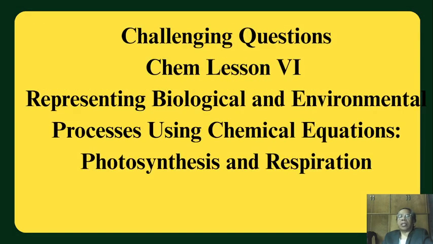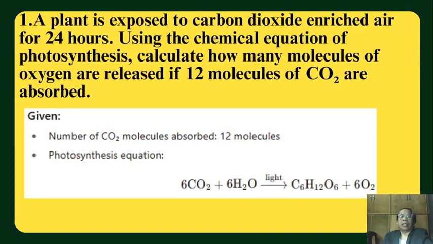Challenging questions for our chemistry lesson Roman numeral number 6, representing biological and environmental processes using chemical equations, photosynthesis, and respiration. Number 1. A plant is exposed to carbon dioxide-rich air for 24 hours.